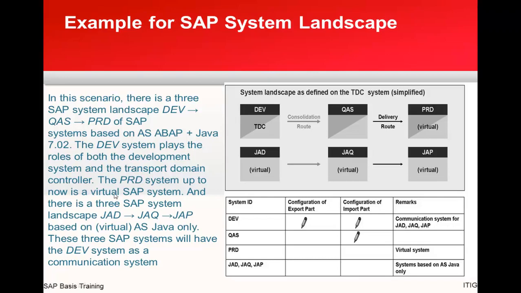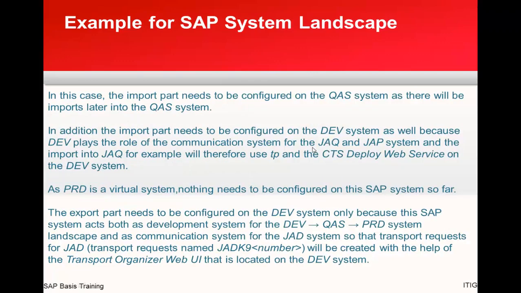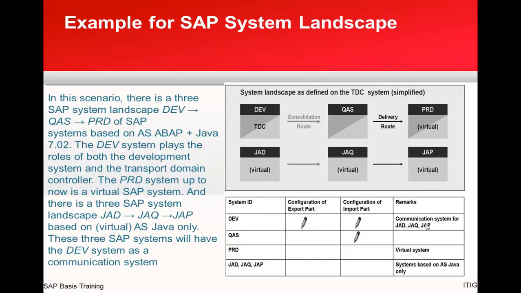The prod system is a virtual SAP system, and these are the Java systems. One more key thing to note here is the communication system. This dev system plays the role of a communication system for these three. So that is one key thing to note.